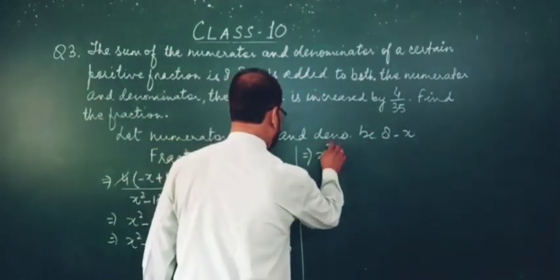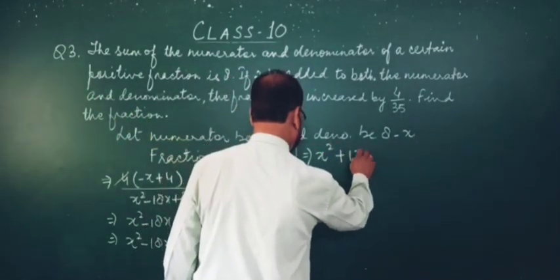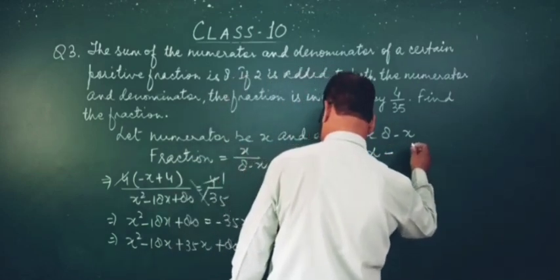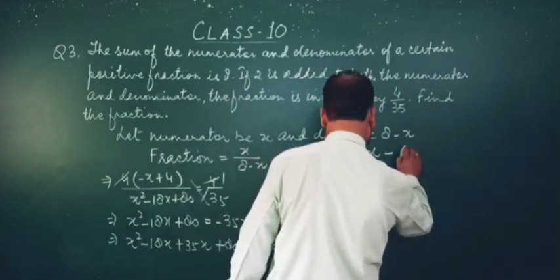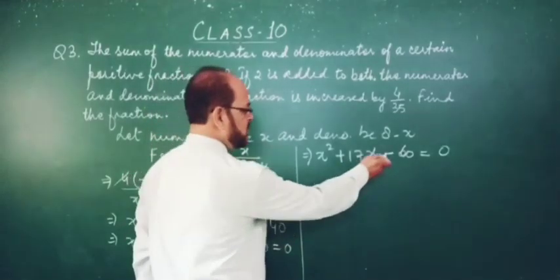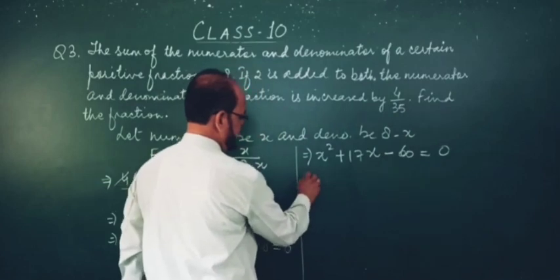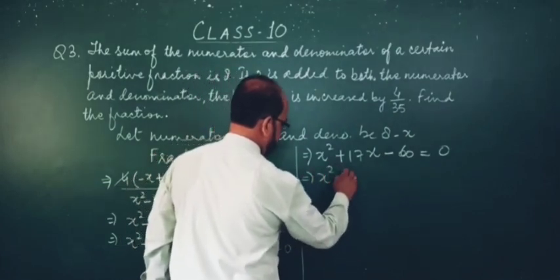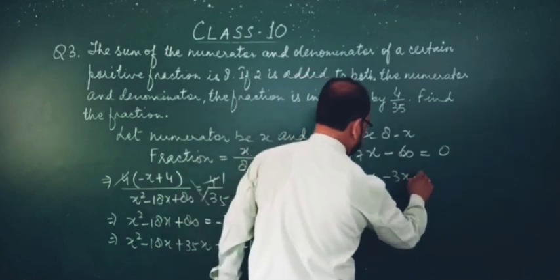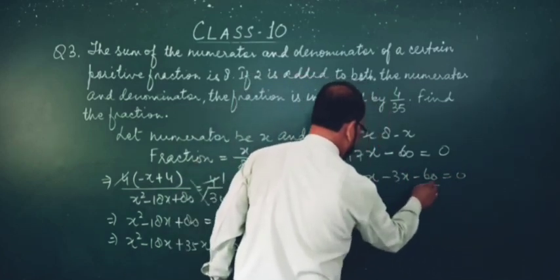Alright, it will be x square plus 17x minus 60 equals 0. Two factors of 60 with difference 17 are 20 and 3. So it is x square plus 20x minus 3x minus 60 equals 0.